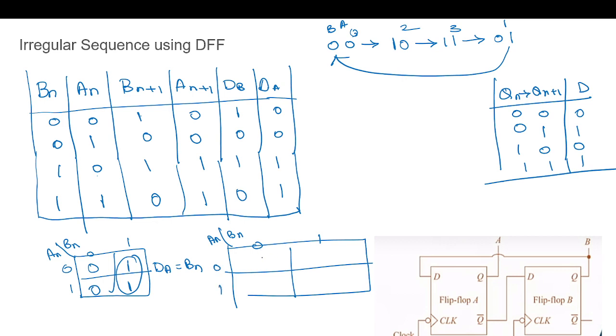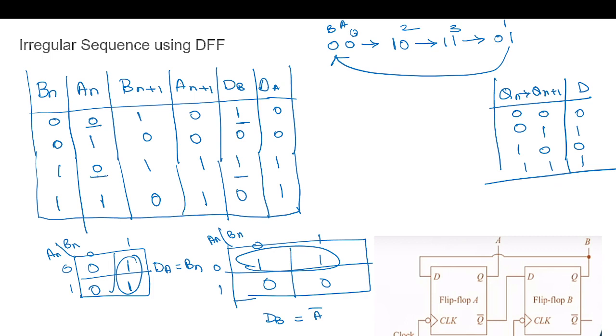When A is 0, it is 1 0. And 1. So DB is A bar. You can see it is 1 whenever this A is 0.